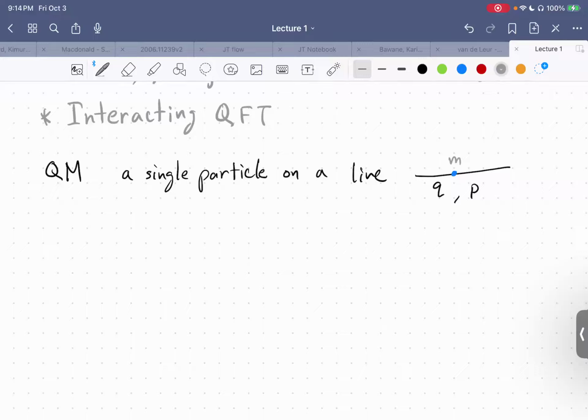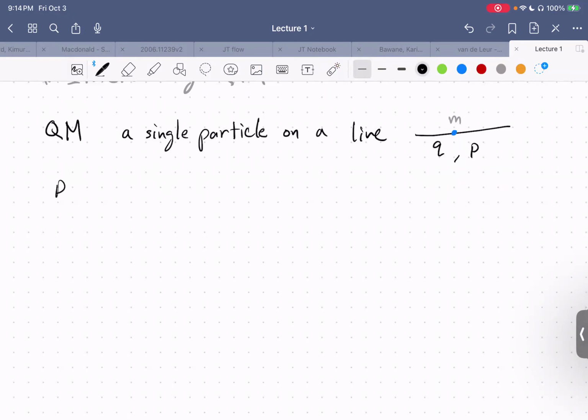So it's a particle of mass m. So that's basically the only kinematical data. And then the state of the particle will be denoted by this pair of real numbers, one for its position and another for its momentum. So the phase space of the particle. And again, recall that the phase space is just the space of all classical states.